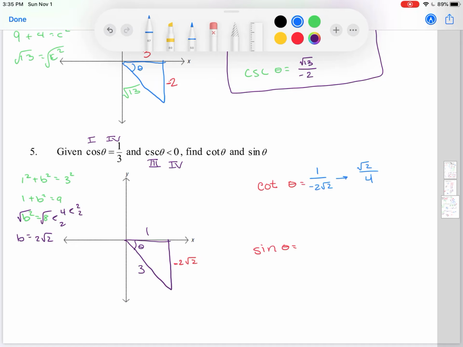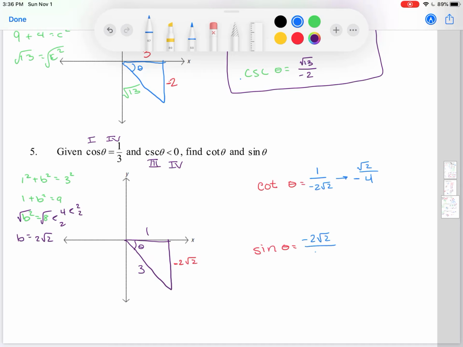You can either multiply by the entire denominator or just by root 2, whatever your heart desires, and you will get over 4. All right, remember, this actually should be a negative because that's in our fourth quadrant. Looks like I might have a typo on my teacher notes, but that should definitely be a negative root 2 over 4.